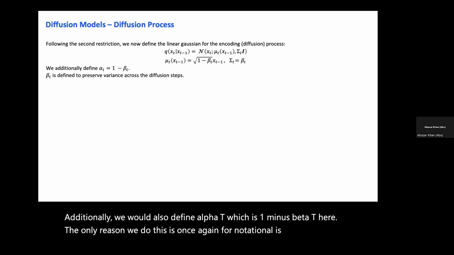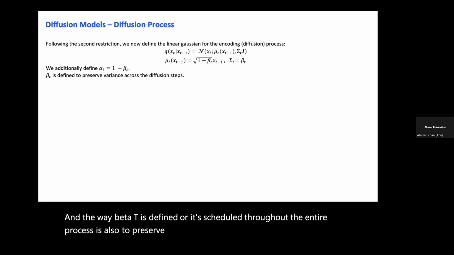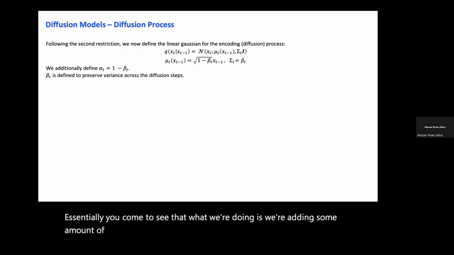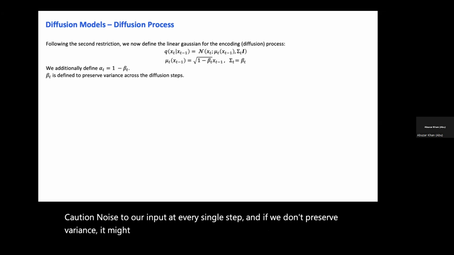The way beta t is scheduled throughout the entire process is also to preserve variance across the diffusion steps. Essentially, you'll come to see that we're adding some amount of Gaussian noise to our input at every single step, and if we don't control that, the variance would actually explode, right?